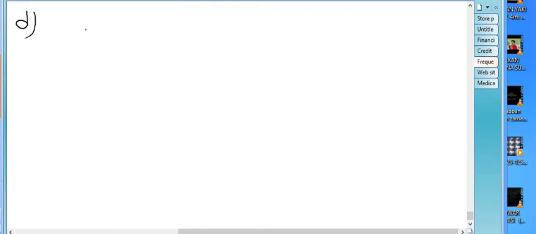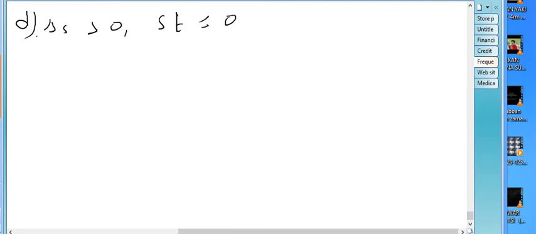Then D, we have given that the entropy change is greater than 0, the entropy transfer is equal to 0. But in this condition, we haven't given the entropy generated, so we just apply the second law of thermodynamics and analyze it directly.